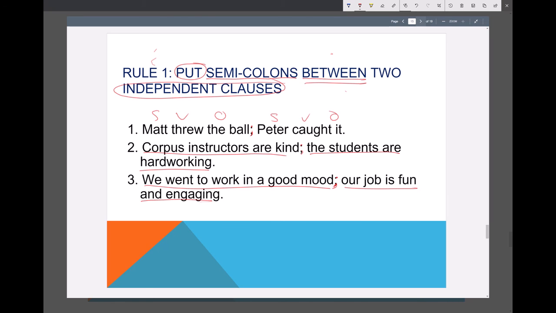So these connections are made with just the semicolon, with no conjunctions. If you use a conjunction, you would be using the comma instead. So again, it might be like this. We went to work in a good mood, comma, and our job is fun and engaging.